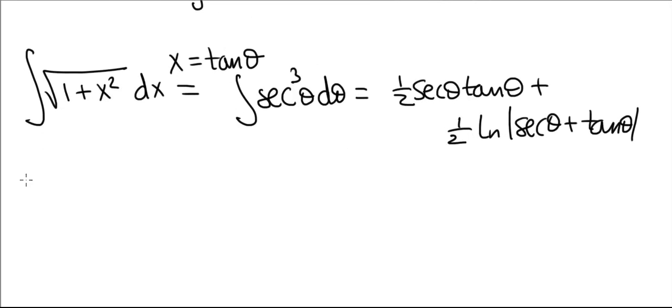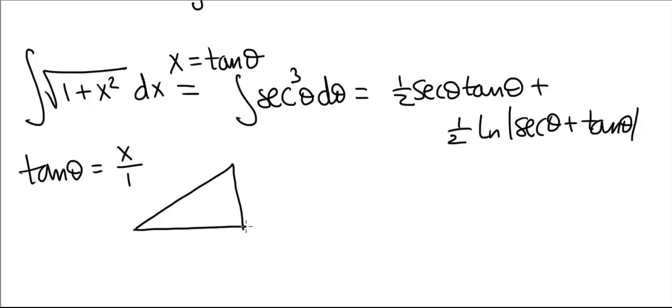So the substitution was tangent theta equals x, which we can write as x over 1. I'm going to draw a right triangle that looks something like this. This is a right angle. Call this angle theta. Now tangent is opposite, we call that x, over adjacent, we call that 1.